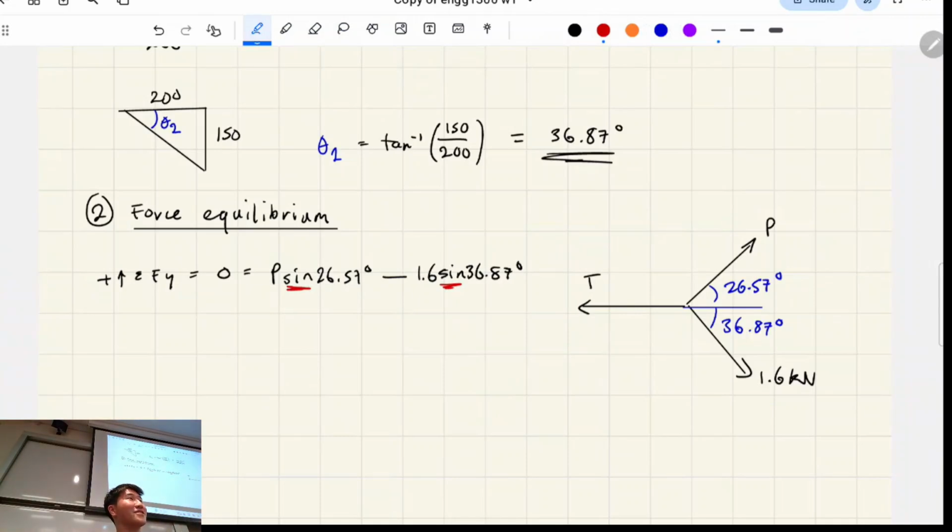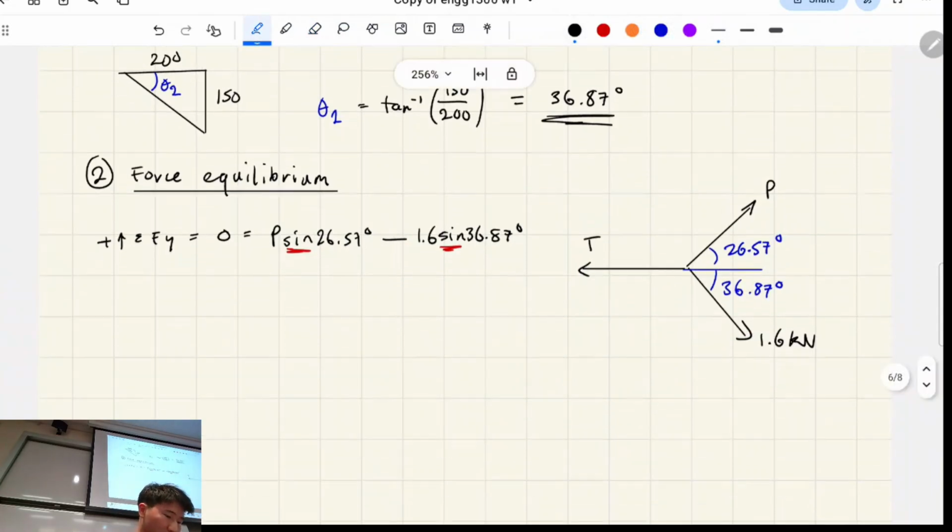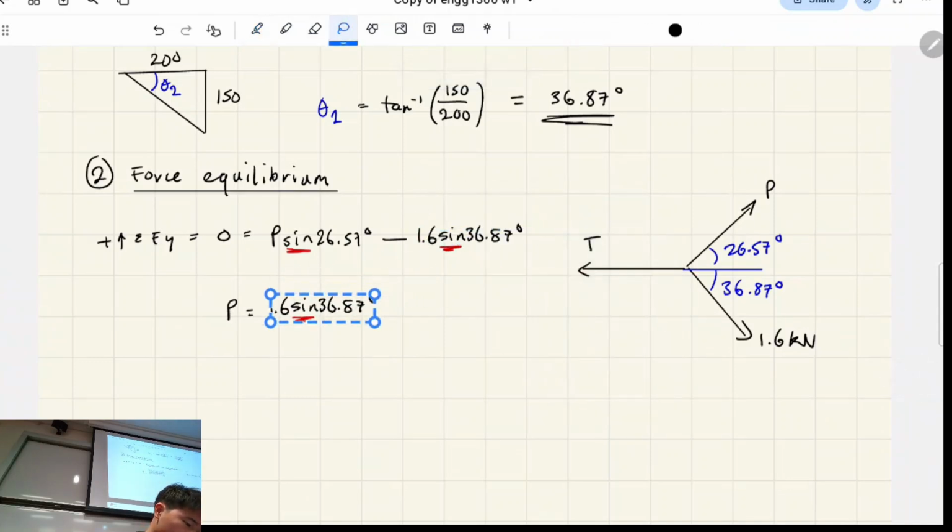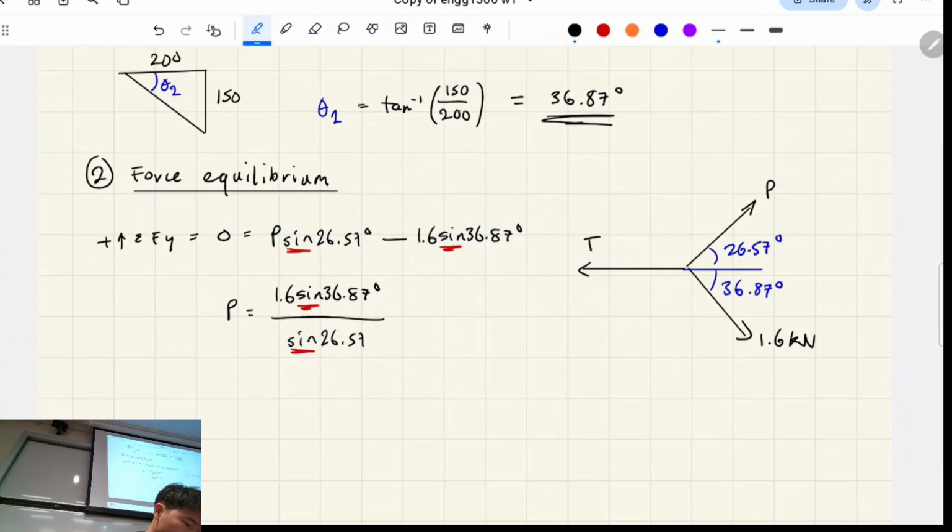I have to use sine here to look at the vertical because we have this angle, and sine represents the opposite, which is the vertical component. I've done that for both of these, and I've made sure to include our negative for the force going down. So when we rearrange this, we get that P is 2.146.